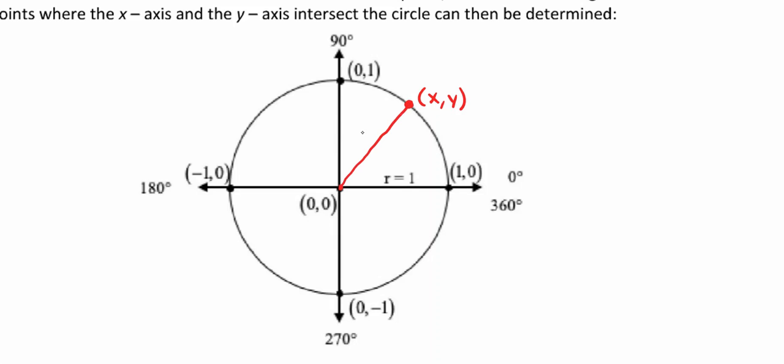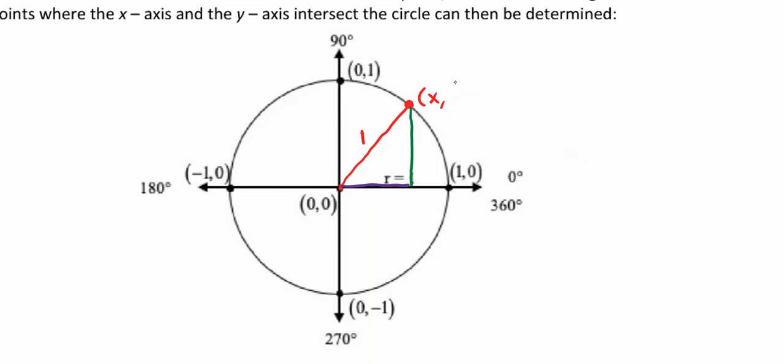And I'll remember that this is 1 unit long, right? That's the whole point of this. Now what we end up finding here is, if I made a right angle triangle, there's my x value, and there's my y up and down.